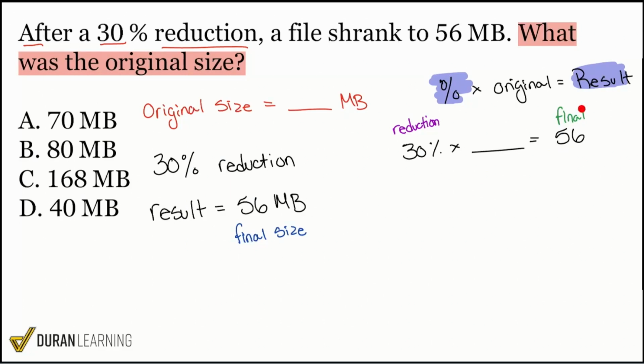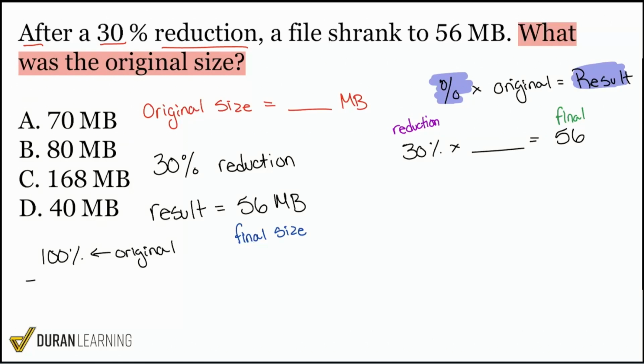Because I'm already given the final amount, I'm not going to do anything with that. I'm going to leave that as the final amount. I'm going to want to get the final percent here. Let me show you how to do that. If the original size is 100%, well, guess what? Everybody, what does reduction mean? To reduce, what does that mean? Yeah, to subtract.